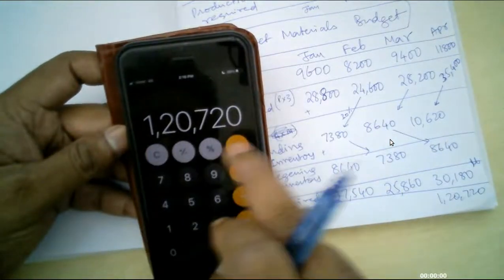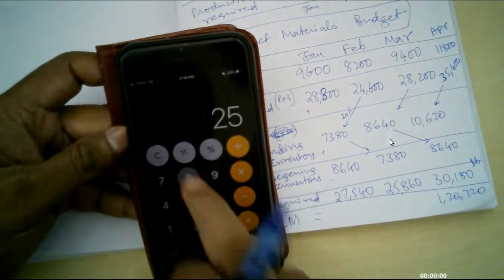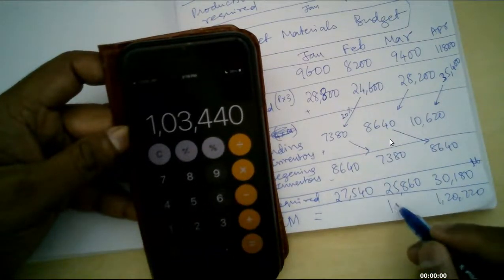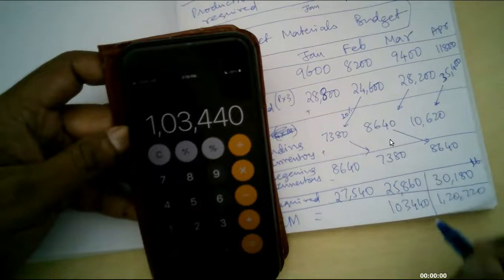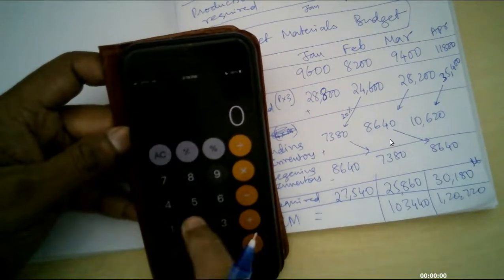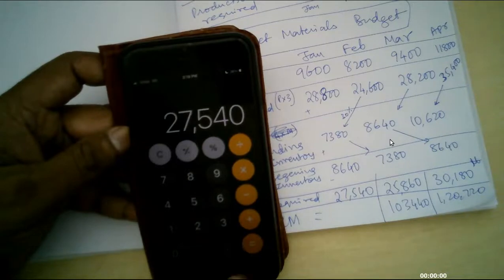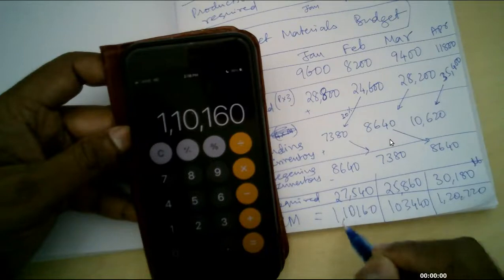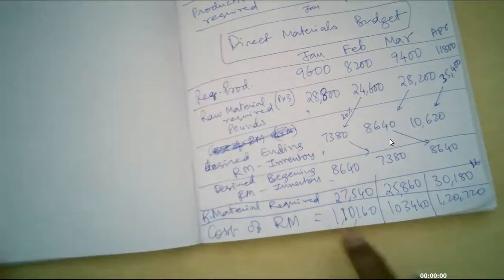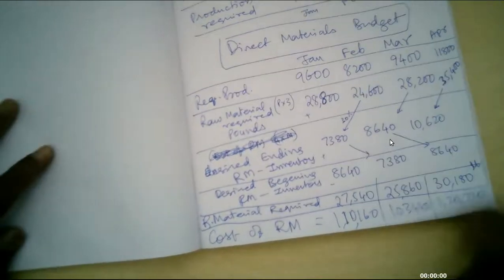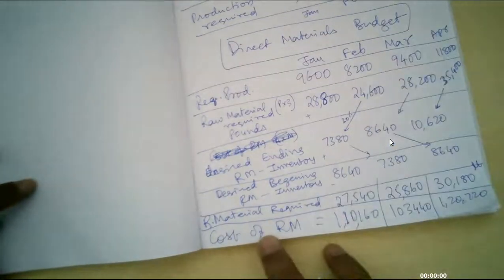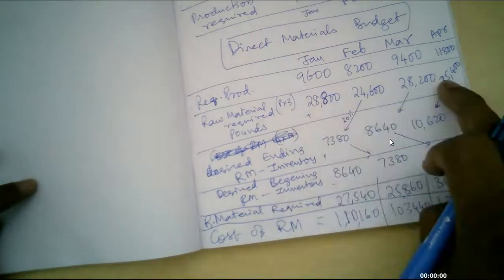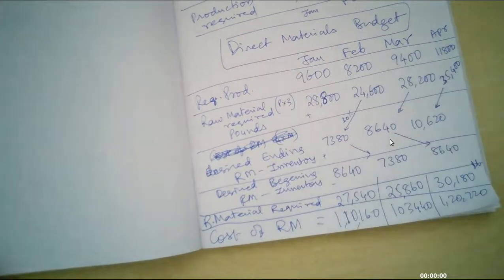And this one, 25,860 into 4, 103,440, and this one is 27,540 into 4, 110,160. So this is the final budget that is required. This is called the direct materials budget. So you need to spend this much money, purchase this much material, and do this much production. Then you will meet the production requirement.